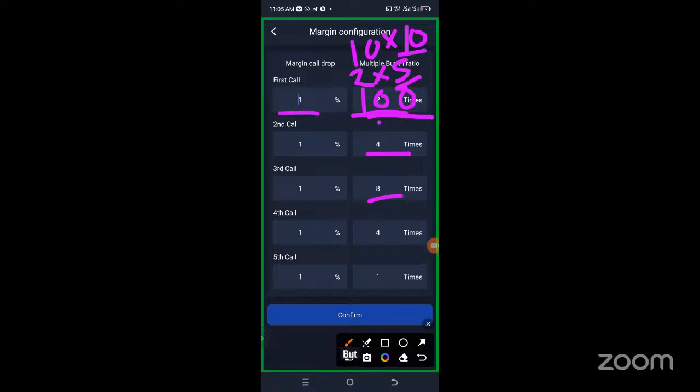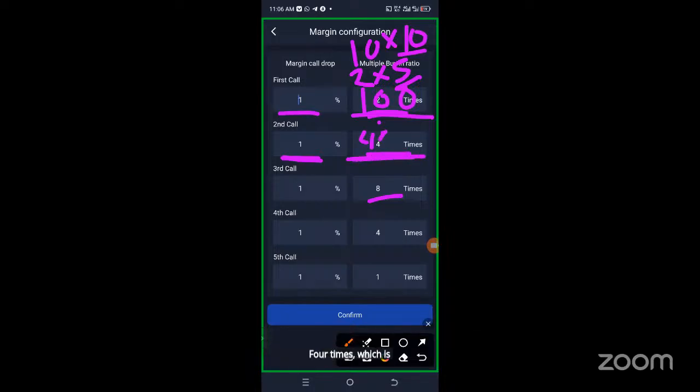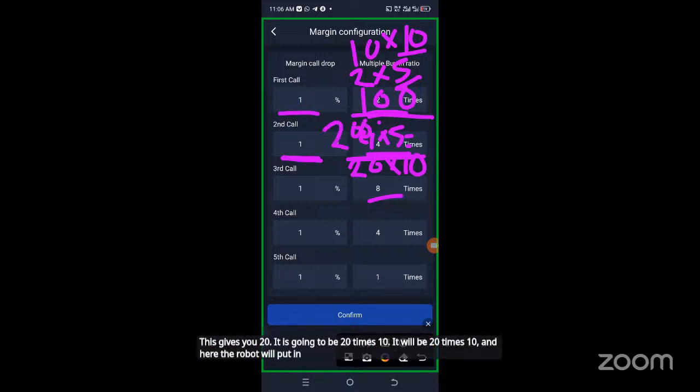But on your $100, you will have $10 as your first buying amount. The same thing will happen here. If the market drops by 1%, the robot will buy 4 times, which is 4 times 5, and this gives you 20. It is going to be 20 times 10, and here the robot will put in $200.